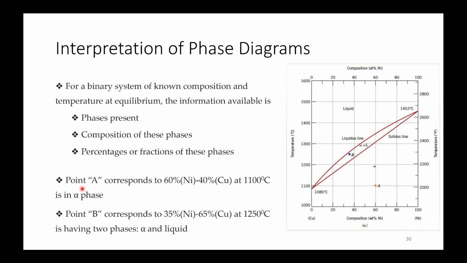Now point A corresponds to 60% nickel and 40% copper at 1100 degrees Celsius and is in the alpha phase. And point B corresponds to 35% nickel, 65% copper at 1250 degrees Celsius, which has two phases, alpha and liquid.